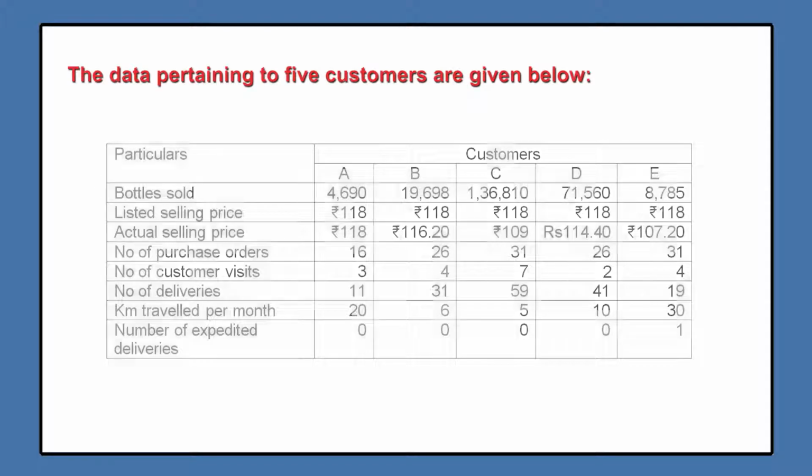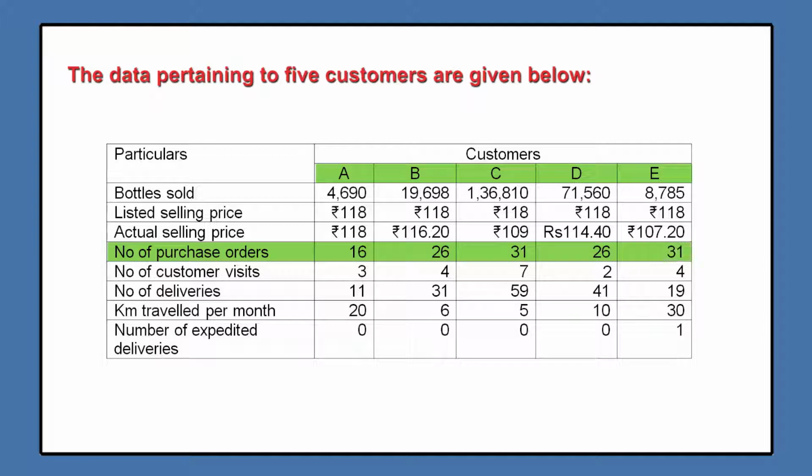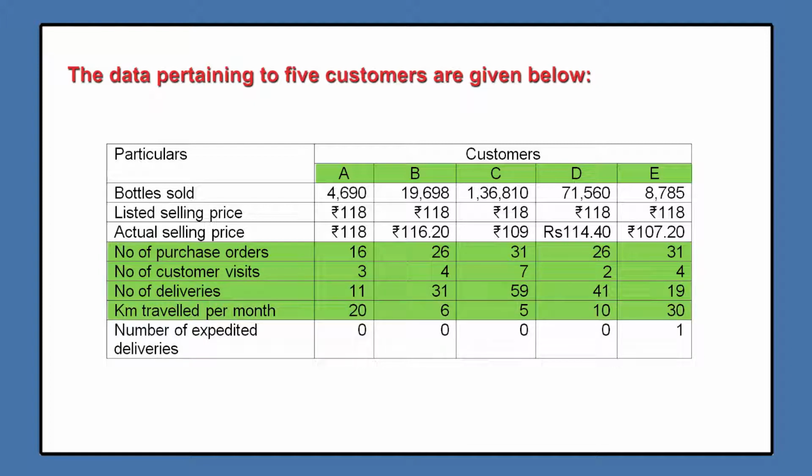The data pertaining to 5 customers are given below. In the present illustration, we can see the cases sold at different prices to the customers A, B, C, D and E. And the number of purchase orders for each customer is given in detail, and number of customer visits for each customer and number of deliveries to each customer, and the number of kilometers traveled per month for each customer and number of expedited deliveries to each customer is given.